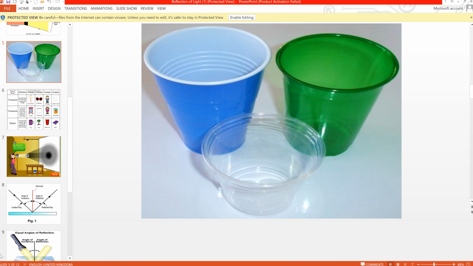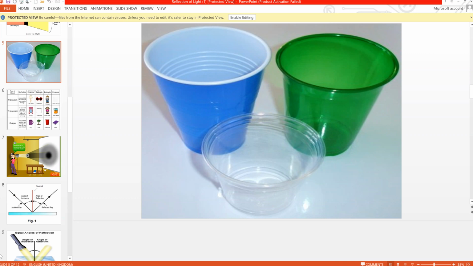What are opaque objects then? The objects which do not allow any kind of light or any amount of light to pass through them are called opaque objects.